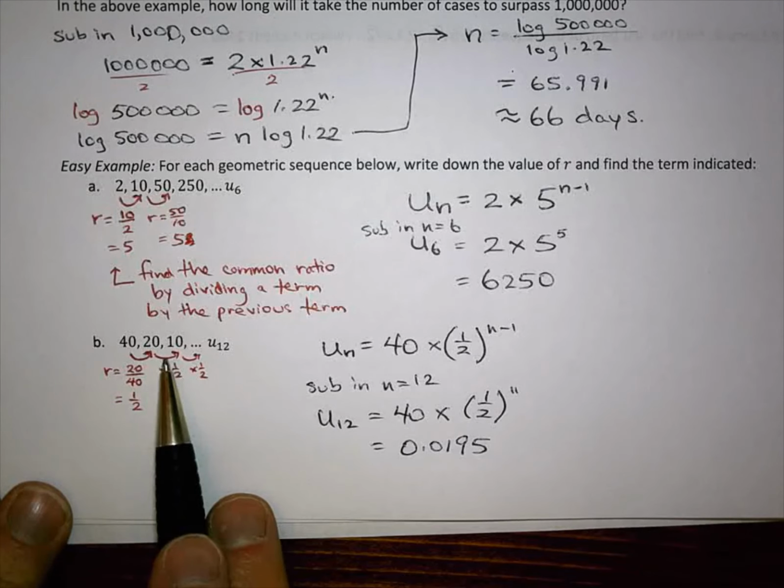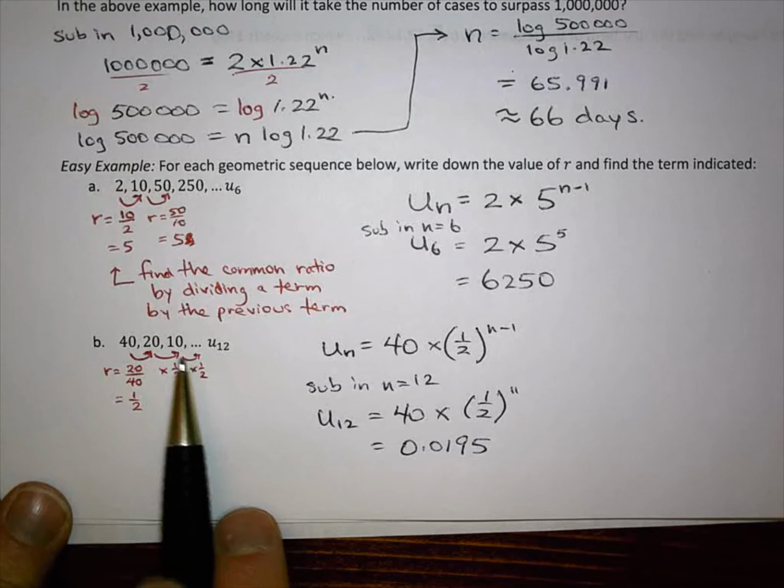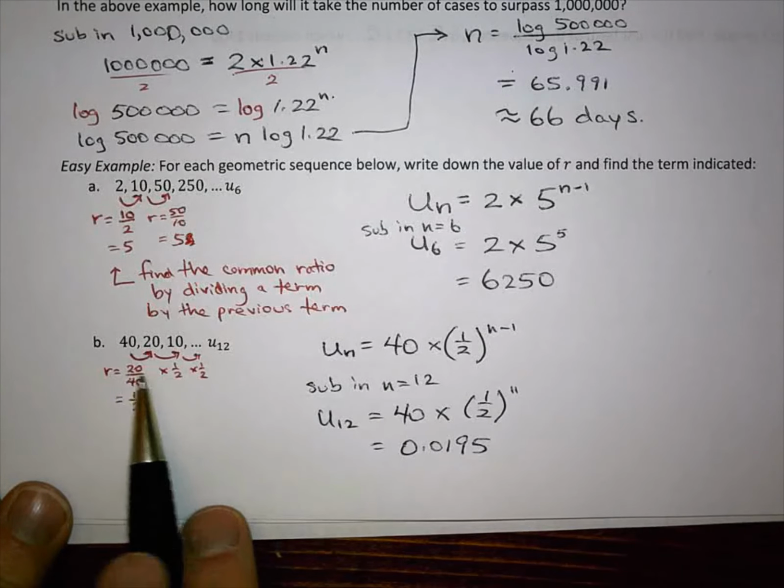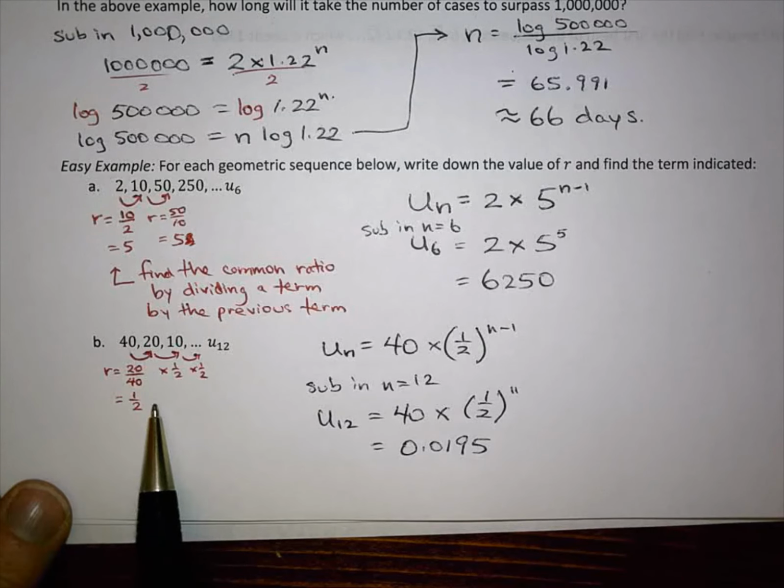And you can see how a geometric sequence that has an r value greater than 1 explodes, it gets bigger. A geometric sequence that has an r value smaller than 1 shrinks. And that's something to maybe note.